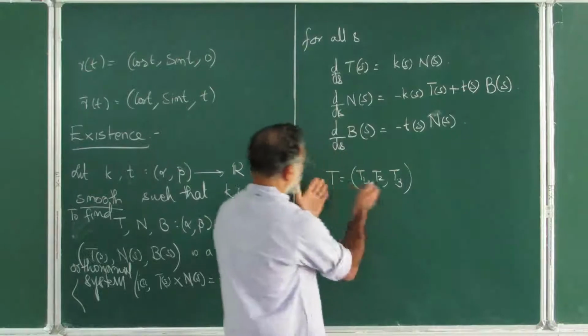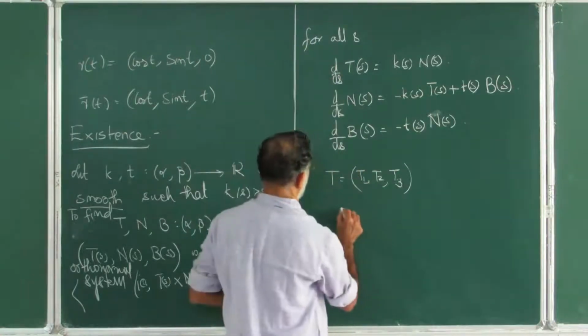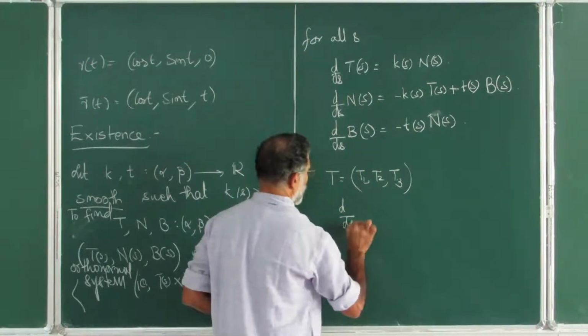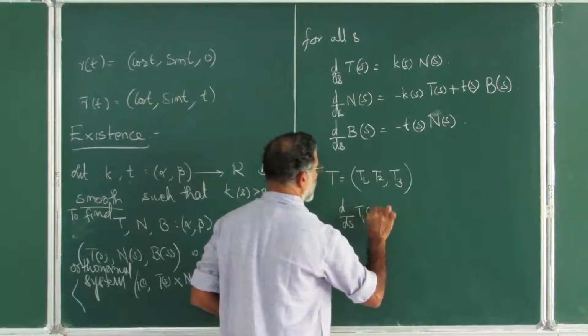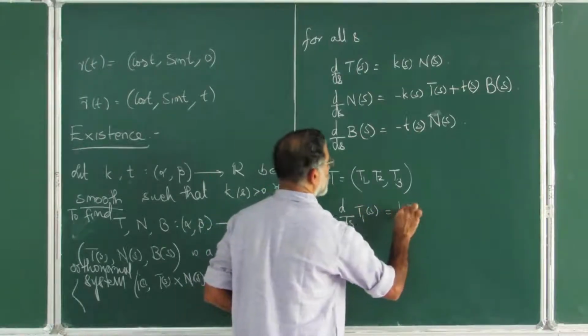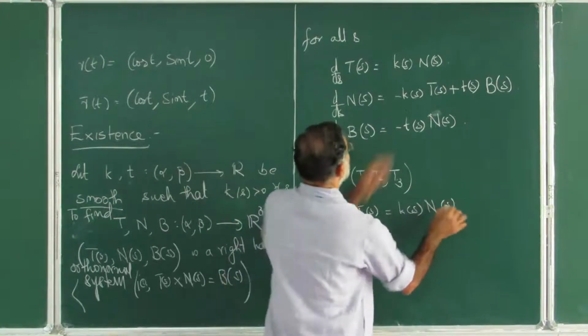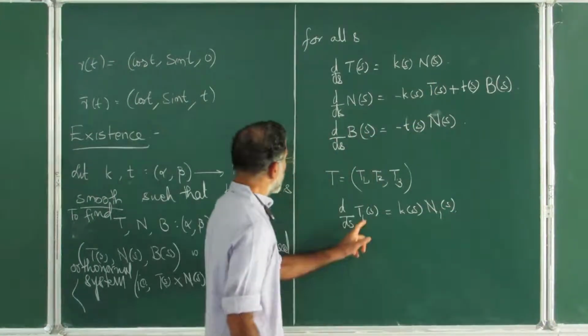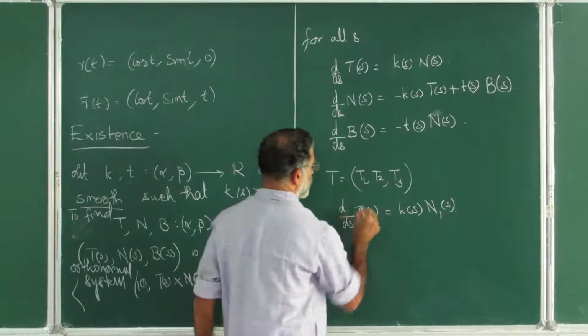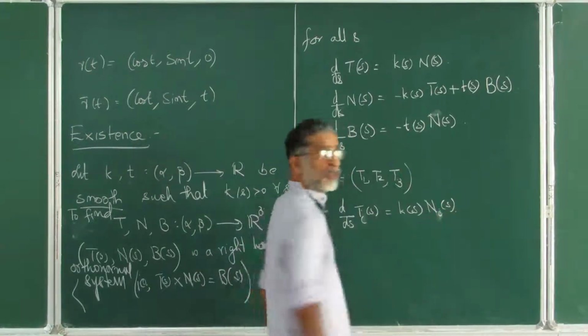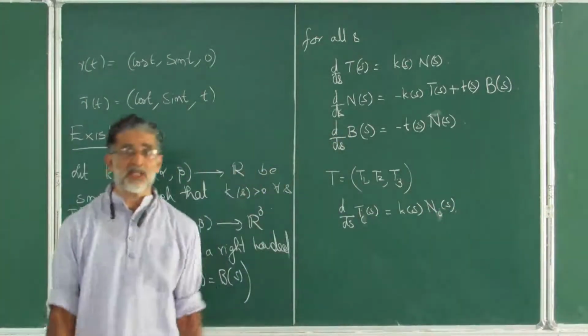So if you write the first coordinate, T1 at s is equal to k(s) N1(s). Similarly, you can write T2 and N2, so there are 3 equations here.